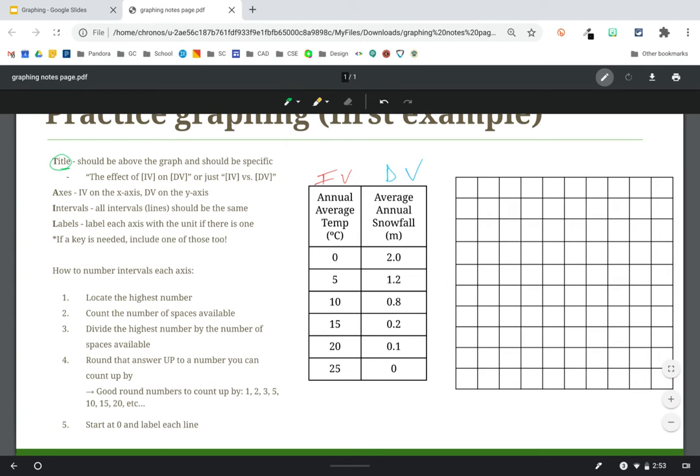And the title is going to be the effect of the independent variable right here, which the independent variable is annual average temperature, on the dependent variable, which is average annual snowfall. So we got the title out of the way.